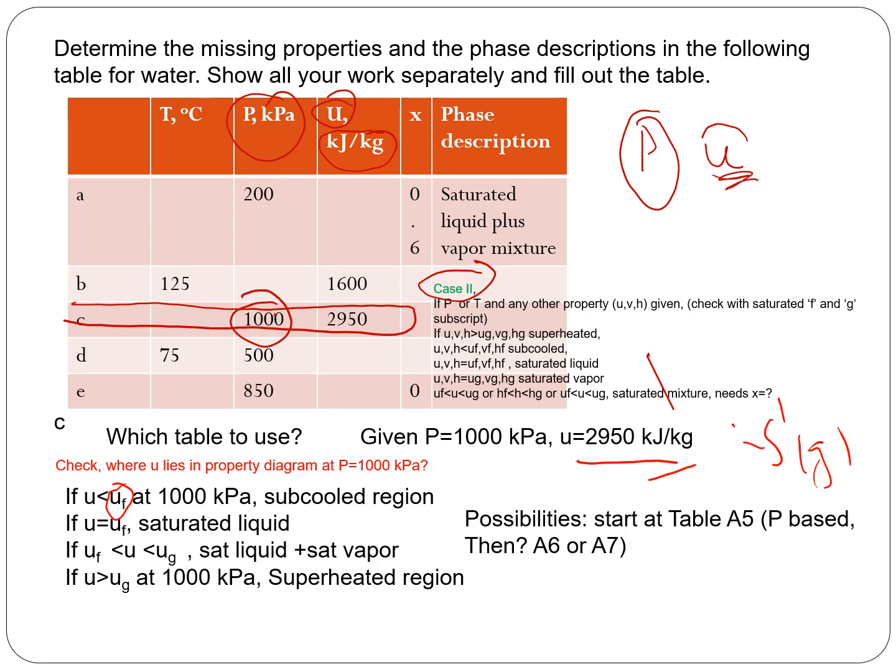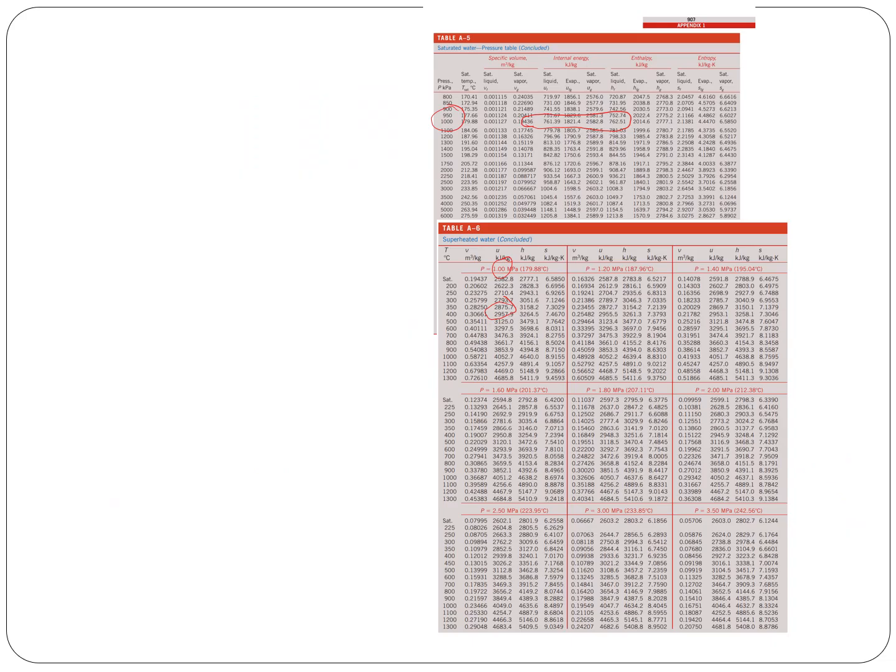For that, the starting point would be A5, which is a pressure based table for water in SI units. Once you know where it lies, then you can use either A6 or A7, or it could be A5 as well. So let's see from the table where it lies. This is A5, a pressure based table, and at 1000 kilopascal, these are the internal energy values.